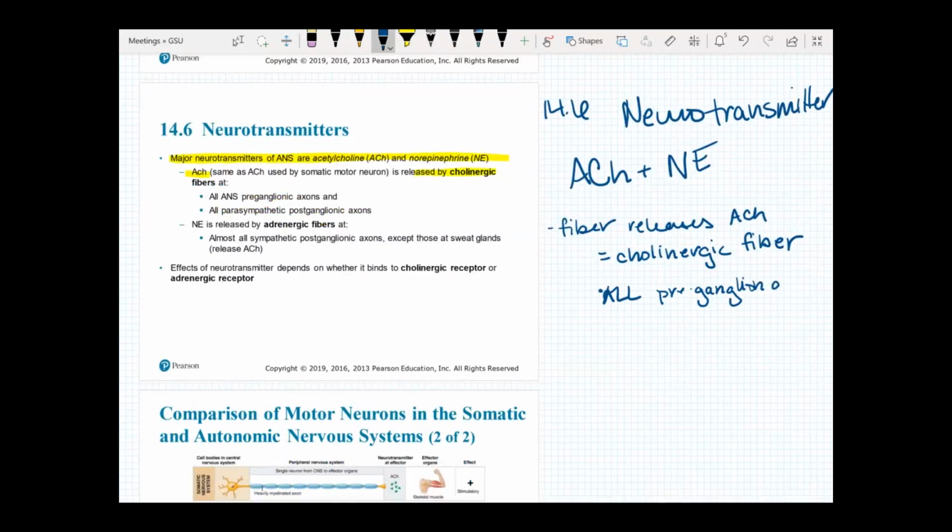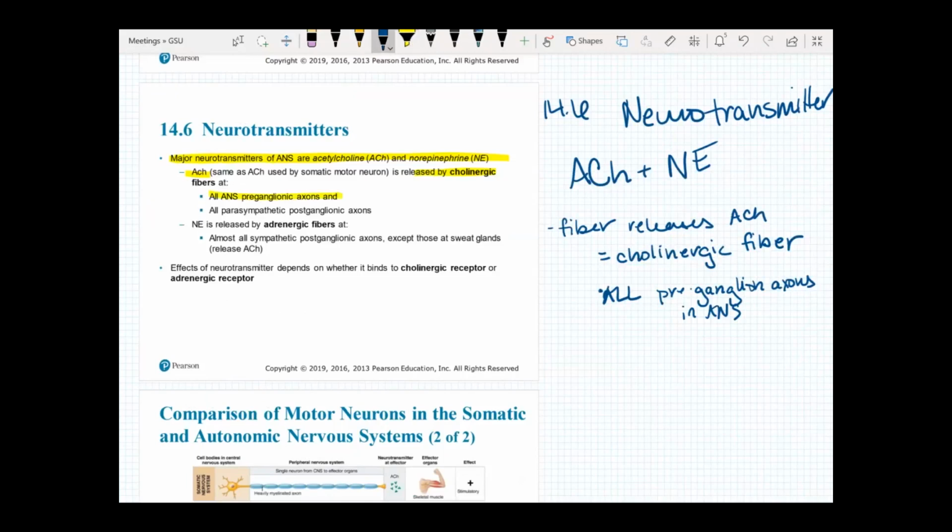All preganglionic axons in the ANS will release our ACH. We mentioned that earlier when we said the preganglionic releases something different than the postganglionic. All preganglionic, sympathetic and parasympathetic, all release ACH. So that is important.